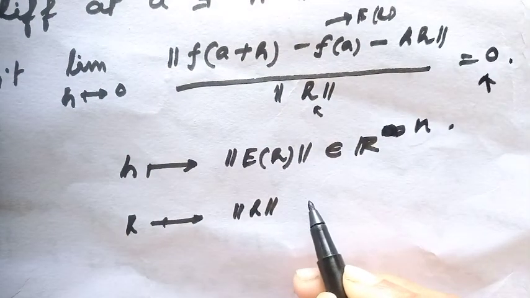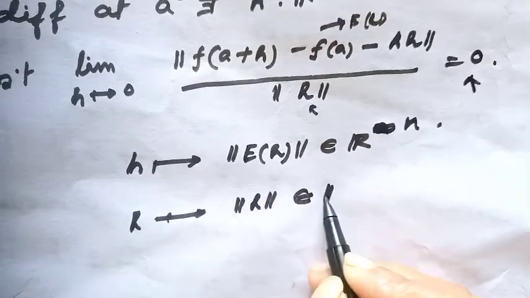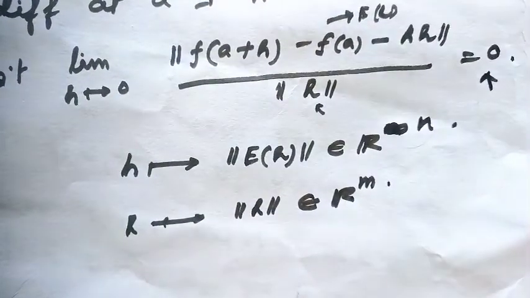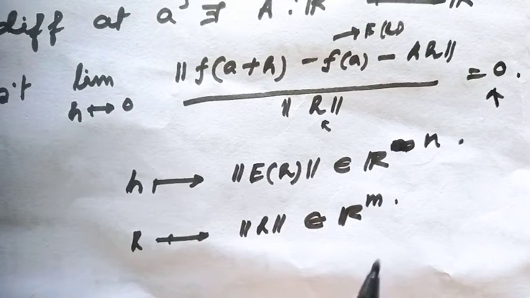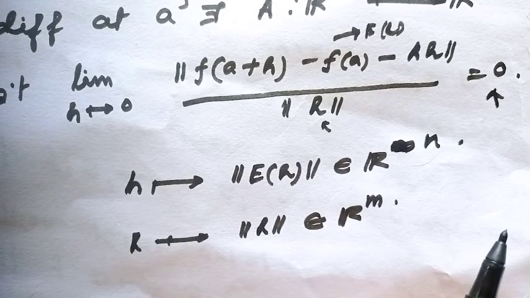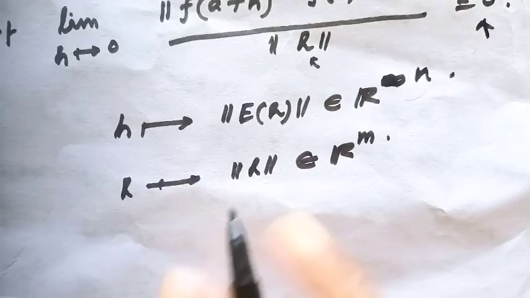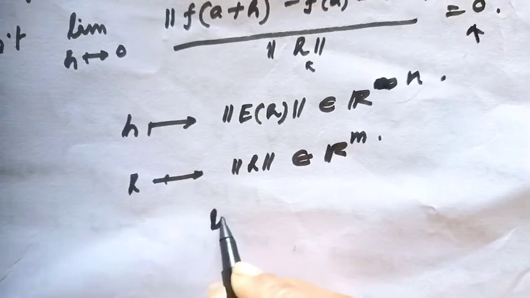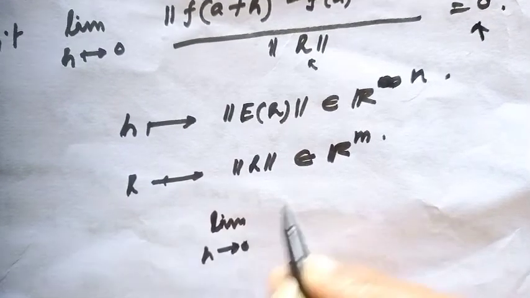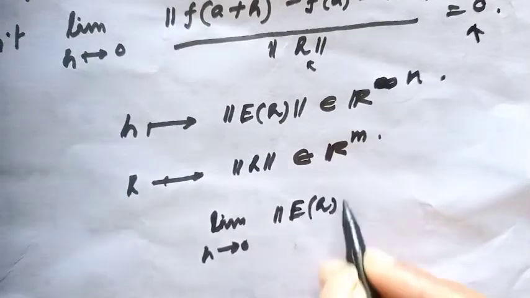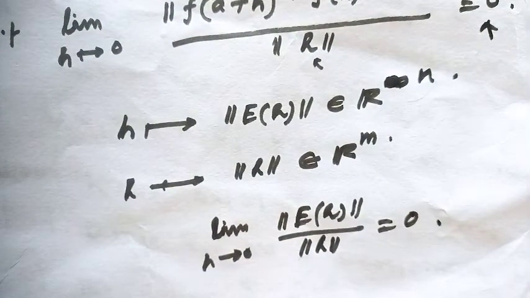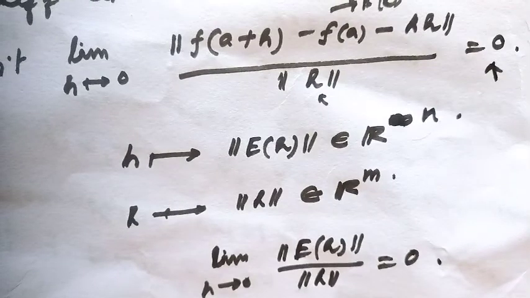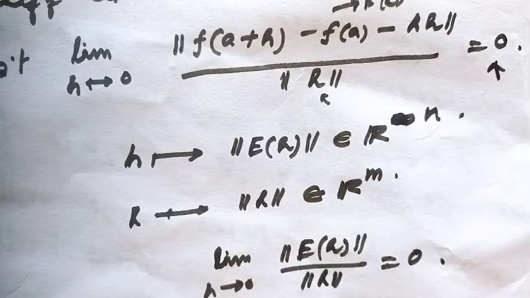And for E_a(h) to go to 0 faster than h goes to 0, we have to prove actually this limit h tends to 0, norm of E_a(h) over norm of h equal to 0. This is the actual definition of differentiation in multivariable calculus.